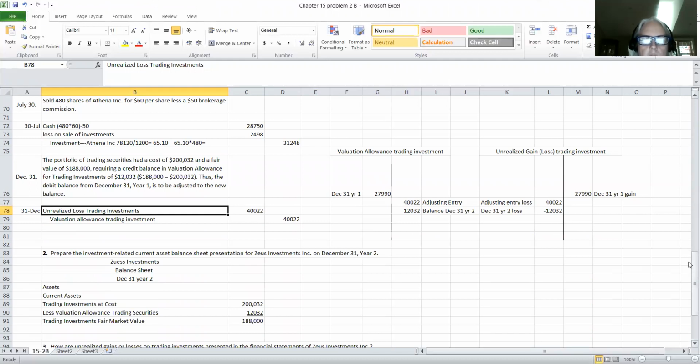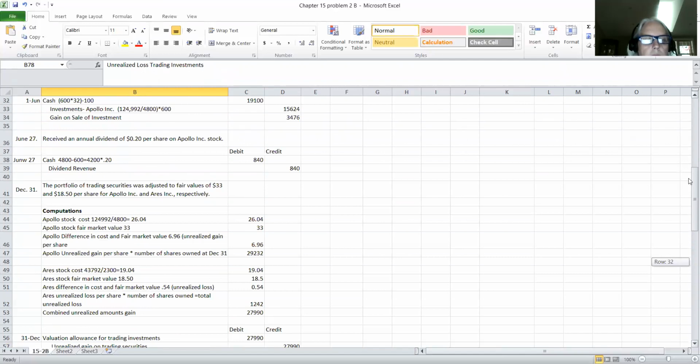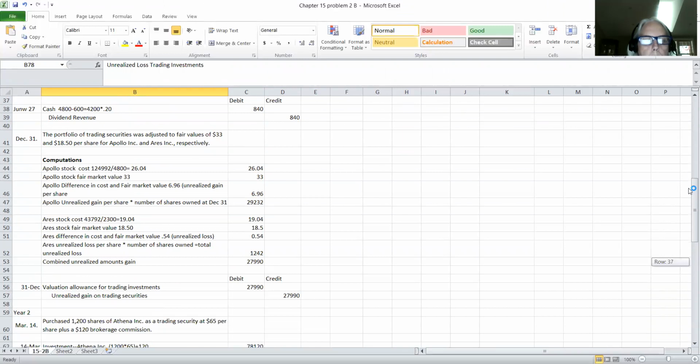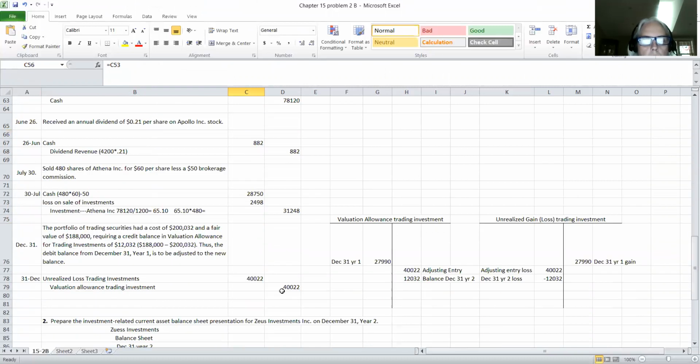Last year, our allowance account, since it was a gain, was debited. Our valuation allowance was debited because there was a gain. But when there's a loss, it's got to be credited. So here we're recording it as a credit. And it's an overall amount that they're keeping up with.